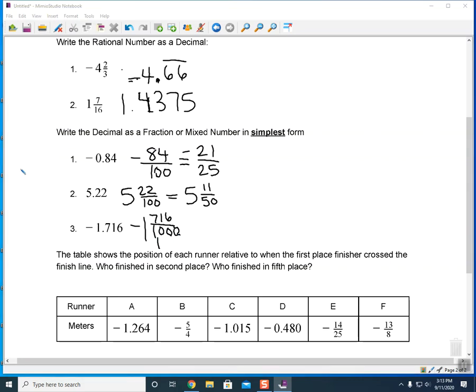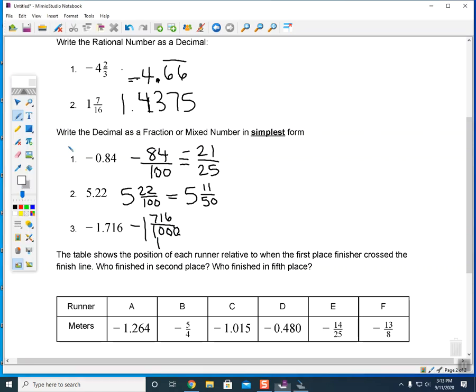Okay, I might not know. So with my first one, I looked at 84 and 100, and I knew that they had a common factor of 4. It was pretty obvious to me. Well, it's not as obvious to me here that I have a bigger factor than 2, so I'm just going to start with 2. Right, so I've got negative 1.